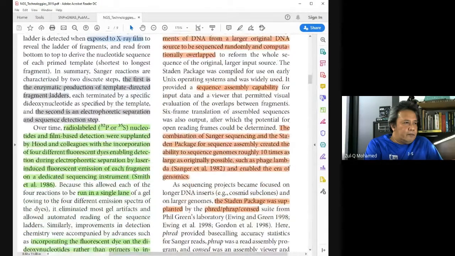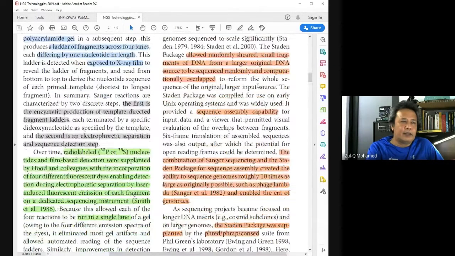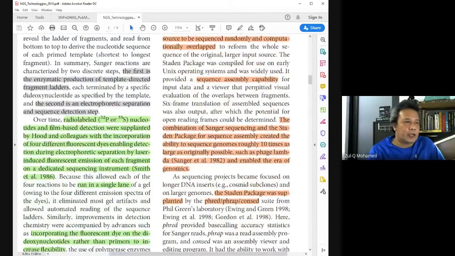At that time, this occurred during my PhD, we had the Staden package. The Staden package is a combination of software that allows you to do mapping. The combination of Sanger sequencing and the Staden package for sequence assembly created the ability to sequence genomes roughly 10 times as large as originally possible.